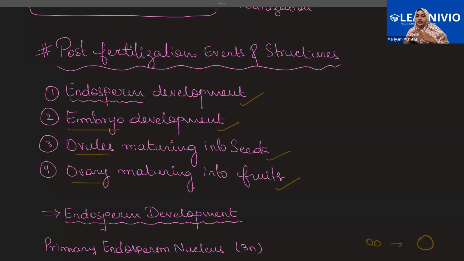Right after the fertilization process has been completed, endosperm will be developed. Then, embryo will be developed. The ovules will develop into the seed and the ovary will become the fruit. These last two happen much later. But first, endosperm development takes place, then embryo development takes place.